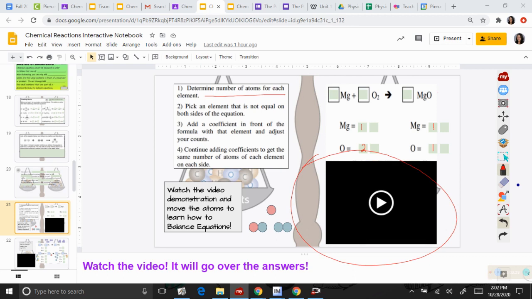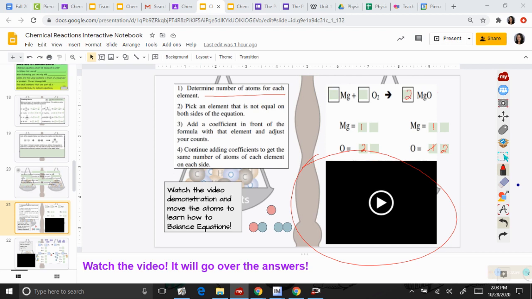So we say, okay, O, I have 2 O's here, 1 O here. So what I can do is I can cross this out, and I'll make it a 2. Remember, we can change the coefficient, but we can't change the subscripts. So I would have to put a 2 here. So what did that just do to my Mg?